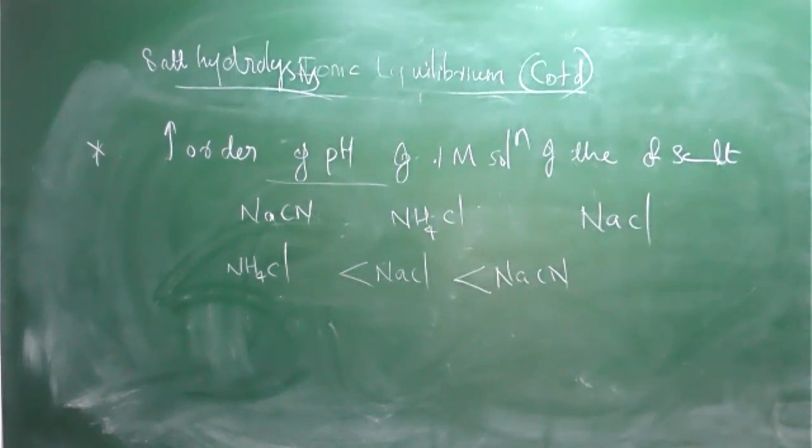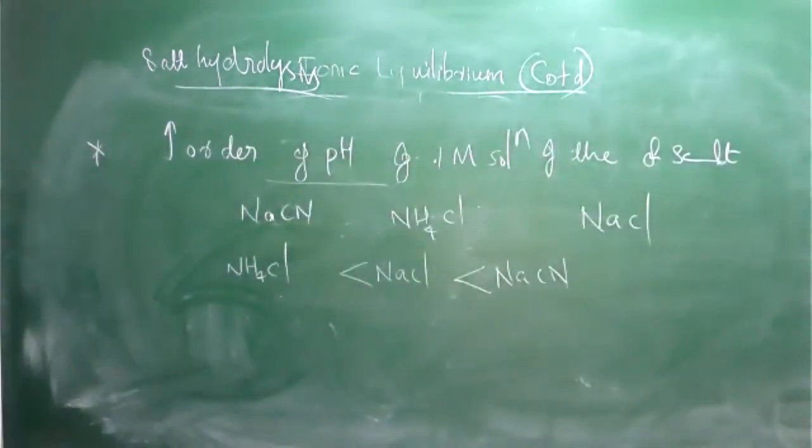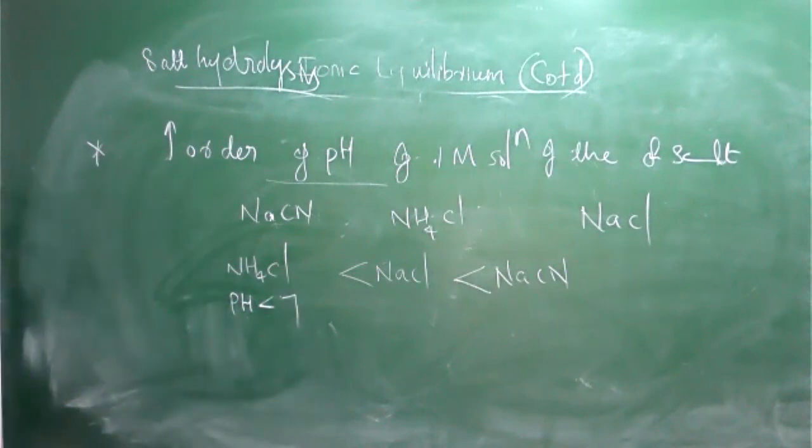This is the correct reason. True, you are right. Once again I will tell you. In the case of NH4Cl, it is a salt of a weak base and a strong acid. So pH should be less than 7.